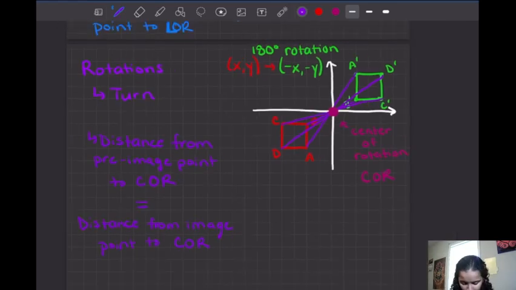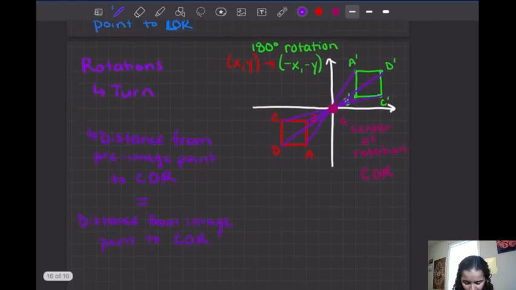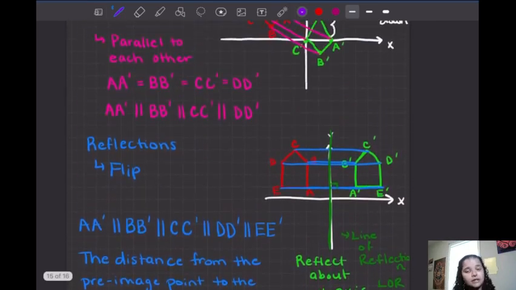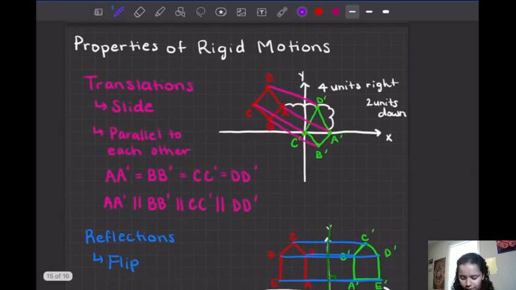So these are our 3 rigid motions, so rotations, reflections, and translations, and these are the different properties of them, okay? So if you guys are ever asked that on a quiz or a test or something like that, it's important to know the notation, and it's also important to be able to kind of verbalize and see how those different things connect to each other, okay?